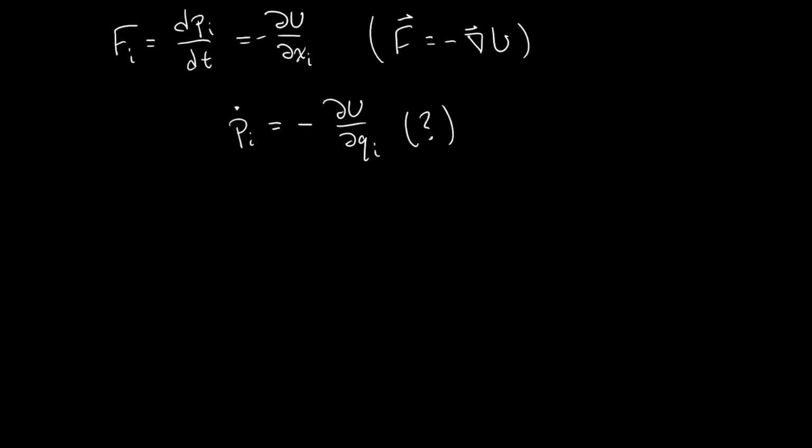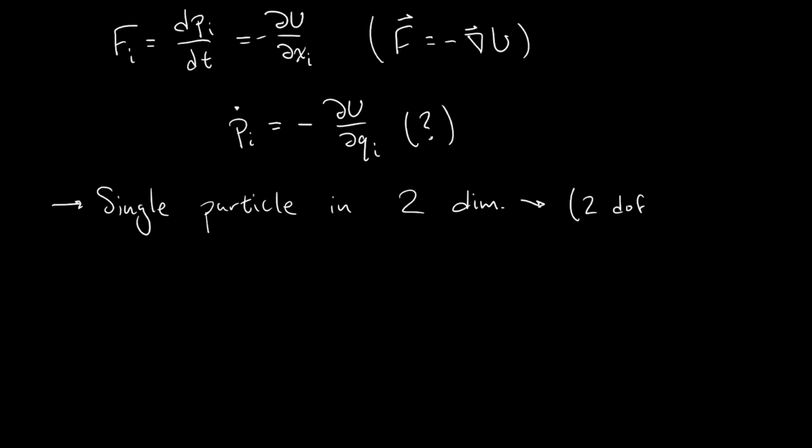And to see it, we'll just consider a single particle in 2 dimensions. Which should immediately tell us that we should have 2 DOFs, 2 degrees of freedom, and 2 coordinates. Now in Cartesian, it's easy to write down my Hamiltonian.